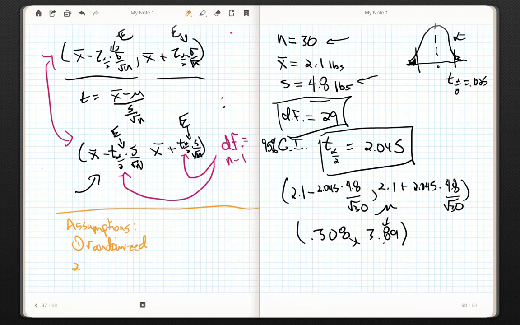And then two, if the population is normal, knock yourself out. Any sample size. Number three, if the population is not normal, let's throw a little tilde on there for not normal, then n has to be greater than 30.